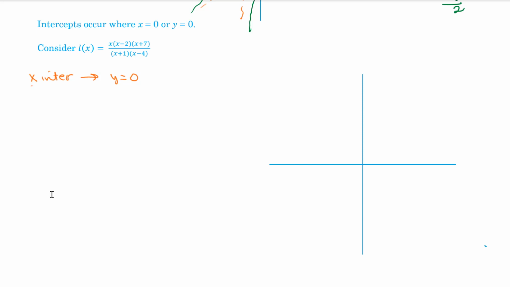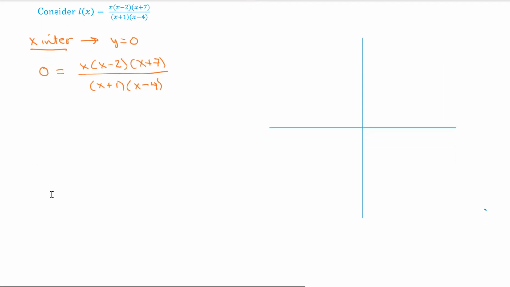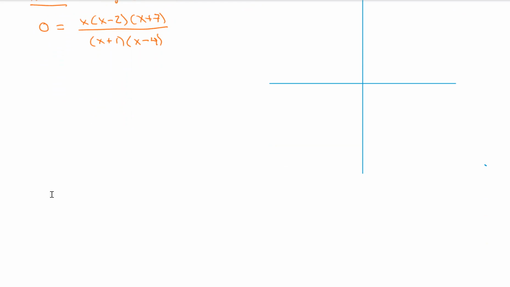So for the x-intercepts, that means I want my equation, this x times the x minus 2 times the x plus 7 over this x plus 1 times x minus 4 to equal 0. As we discussed earlier, the only way a fraction can be 0 is if the numerator is 0. Okay, the numerator equals 0 occurs if x is 0.